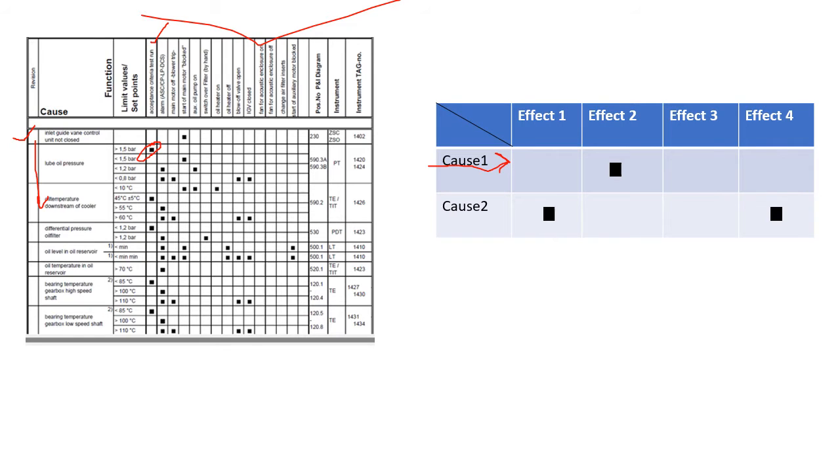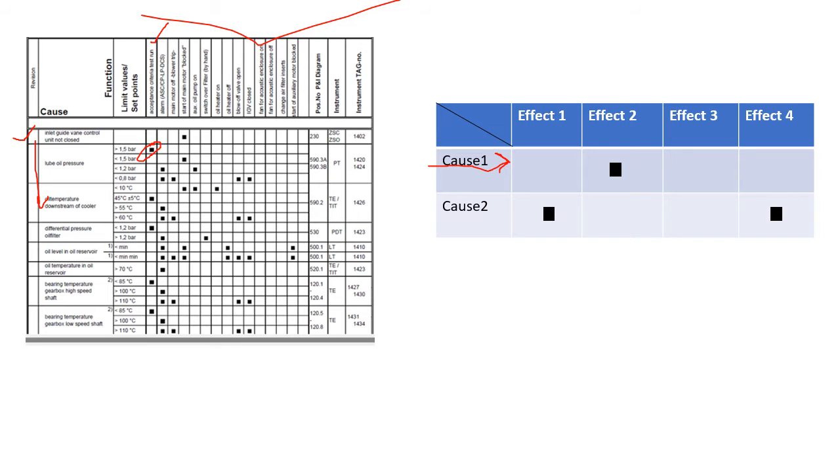So if cause 1 happens, then effect 2 will definitely happen, and effects 1, 3 and 4 will not happen. Similarly, for cause 2, effect 1 and effect 4 will happen, but effect 2 and effect 3 will not happen. So this is just a generic example.